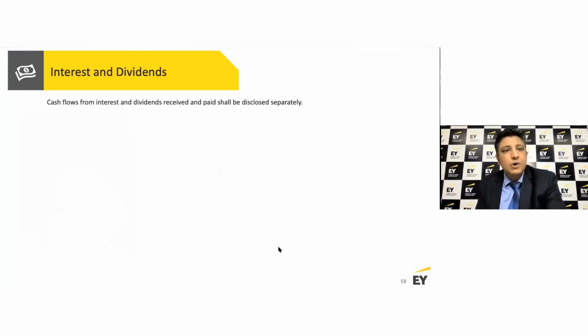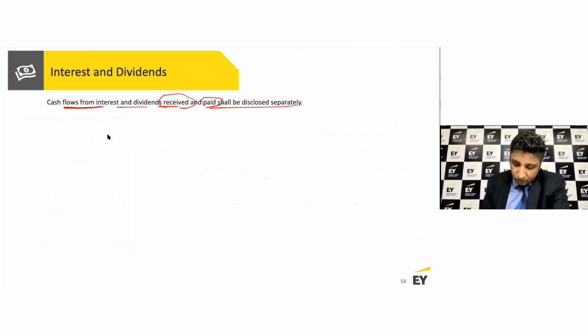Now, importantly, the next section is talking about interest and dividends. We say any cash flows from interest or dividend received and paid should be disclosed separately. Importantly, you want to remember interest or dividend received is because of investment.